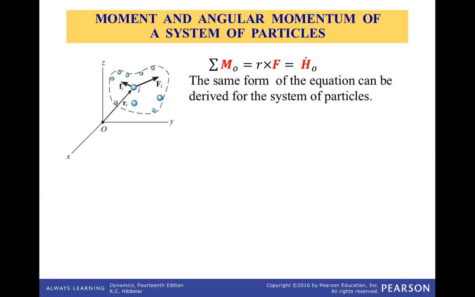Similarly here, the time derivative of the angular momentum should equal the summation of all the moments of forces, assuming we are looking at a system of multiple objects. Then you sum that up.